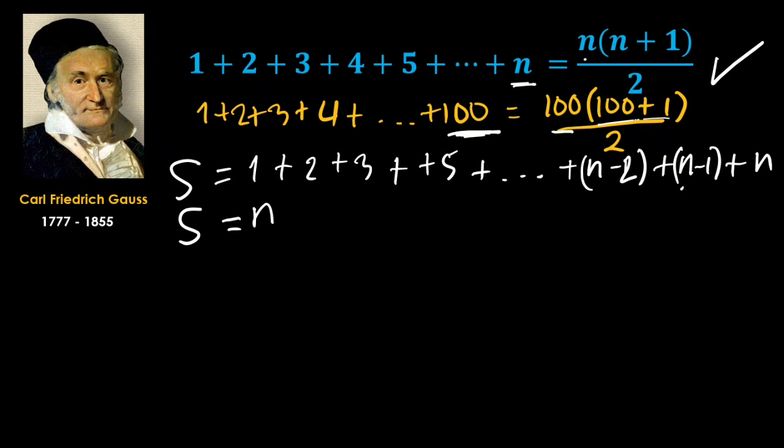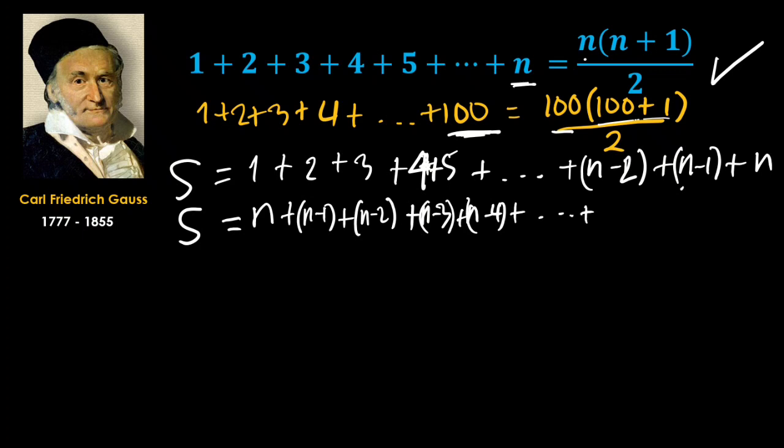That is going to be n here, and n minus 1 plus n minus 2, reversing it. Okay, it's supposed to be 4. And then n minus 3 plus n minus 4, so on and so forth. And then you end up, of course, the last term should be 1, then here 2, then here 3.